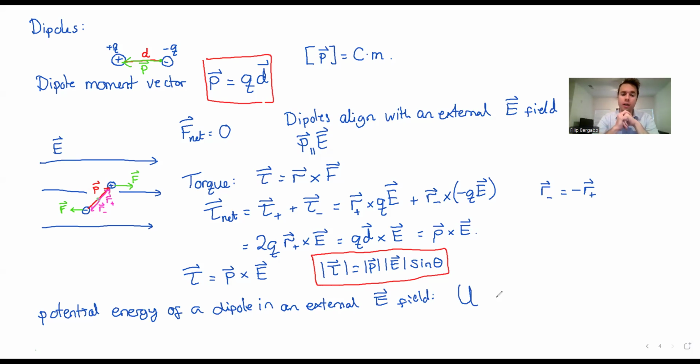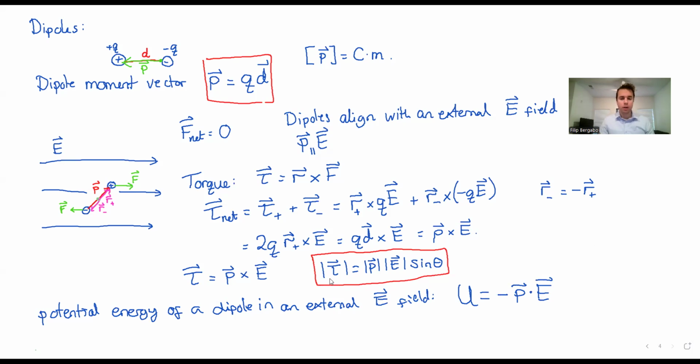This is the symbol that's used by the textbook. If you've seen a different symbolism, like PE for potential energy, it's the same exact thing. But we'll use U because that's what the textbook uses. U equals minus the dipole moment vector dot product with the external electric field.